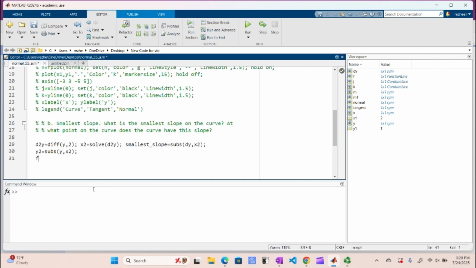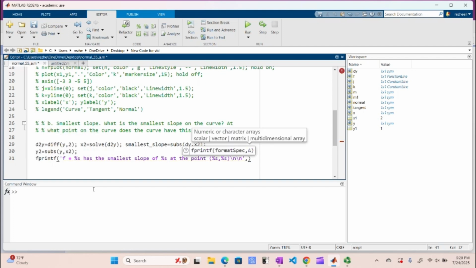All right, so now we're going to put in an fprintf command. We're gonna say: f equals %s has the smallest slope of %s at the point %s comma %s, then \n twice, and then the arguments y, smallest slope, x2, y2.